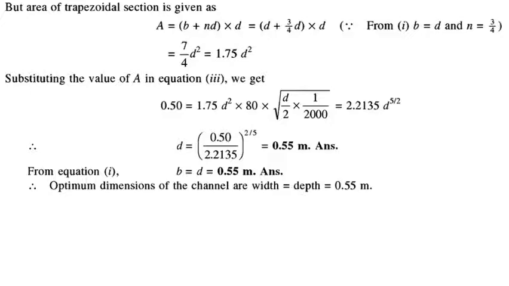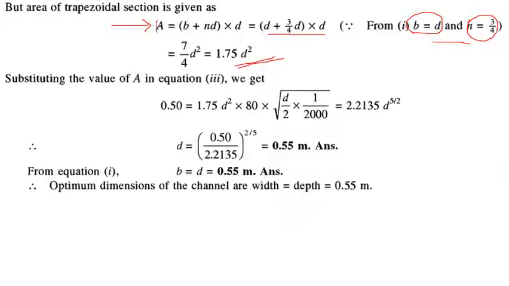Okay, area is given by the equation b plus n into d into d. This is the equation for area. But from the problem we got that b is equal to d and n is equal to 3 by 4. So we substitute these two values here, we get d plus 3 by 4 d into d. So this is finally 1.75 d square.